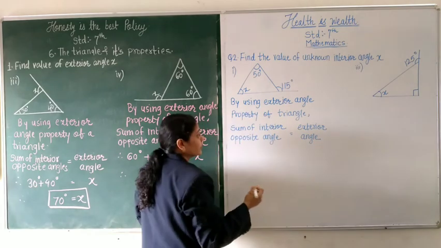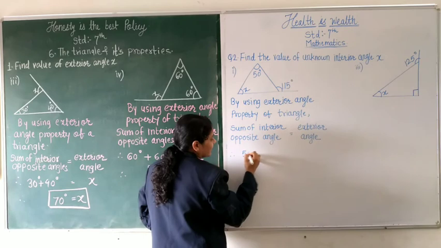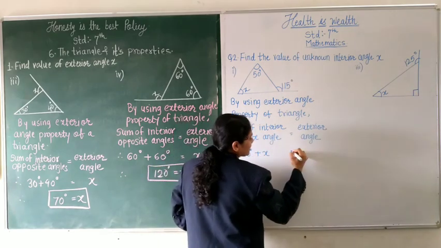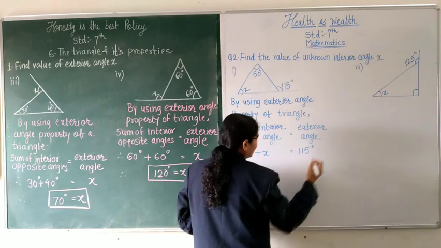The sum of interior opposite angles is 50 degree plus x, and the exterior angle is 115 degree.